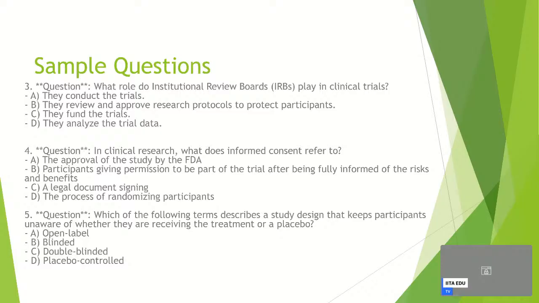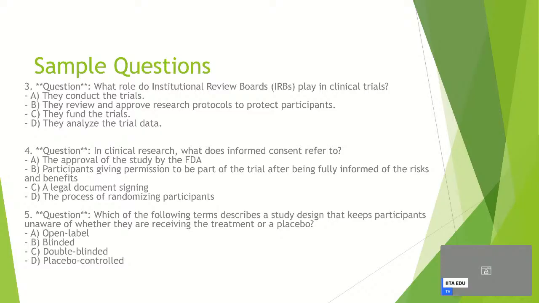And question 4. In clinical research, what does informed consent refer to? A, the approval of the study by FDA. B, participant giving permission to be part of the trial after being fully informed of the risks and benefits. C, illegal document signing. D, the process of randomizing patients.